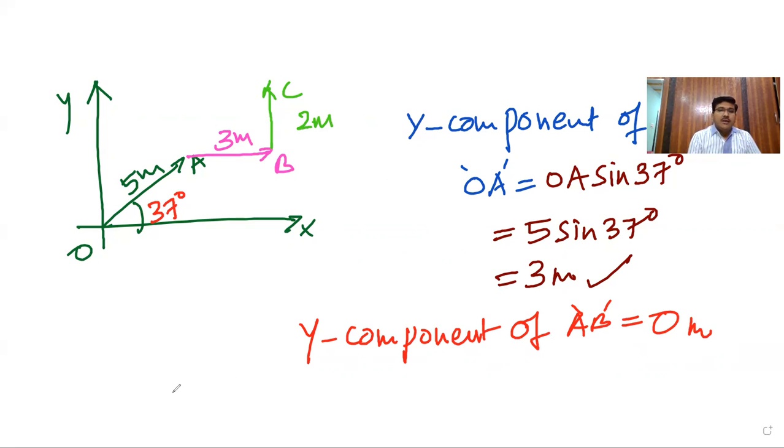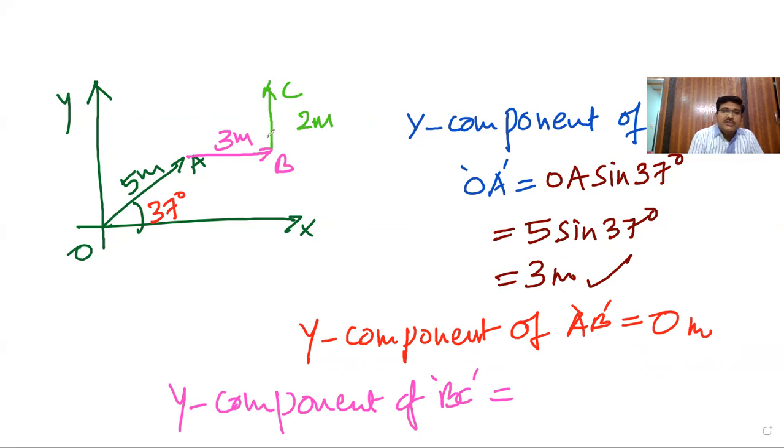Similarly, the y component of BC: since the entire BC is parallel to the y-axis, the y component itself is 2 meters. There is no x component for BC. Clear? So have a glance: the y component of OA, of AB, of BC. All are y components. Now let us sum them up.